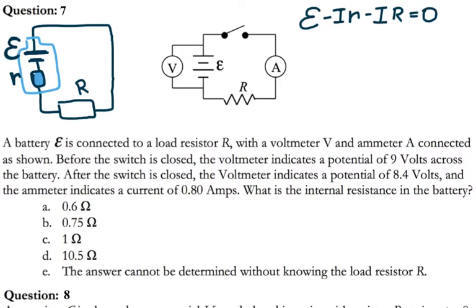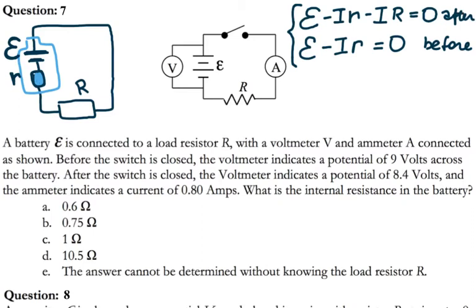That's after they connect the resistor, and before they connect the resistor I have EMF minus I times R equals 0. So I have these two equations, before and after.